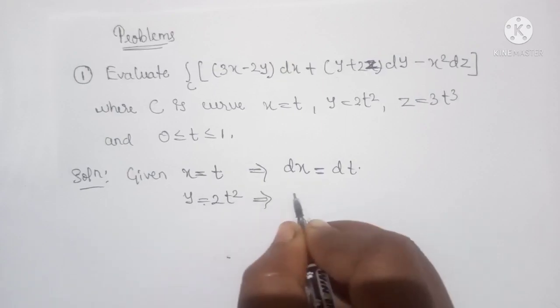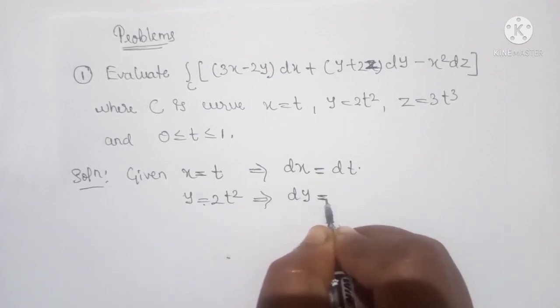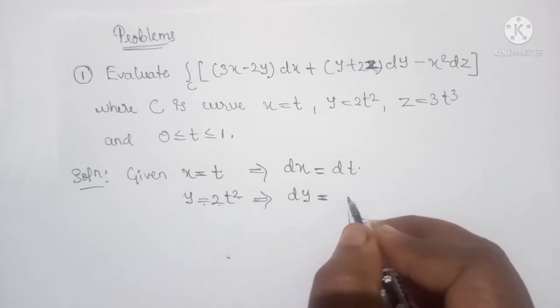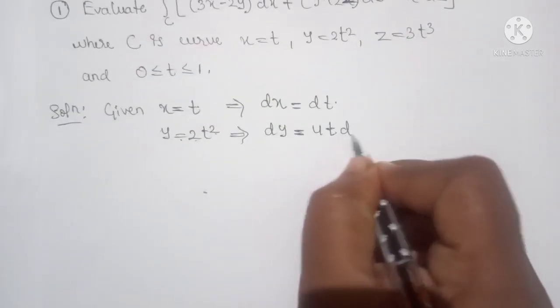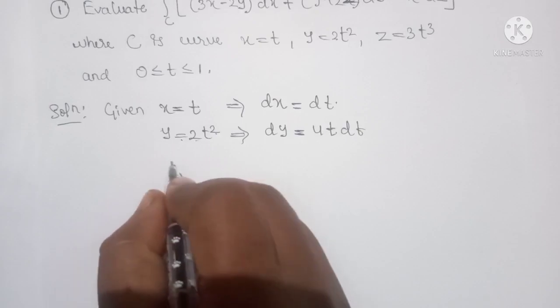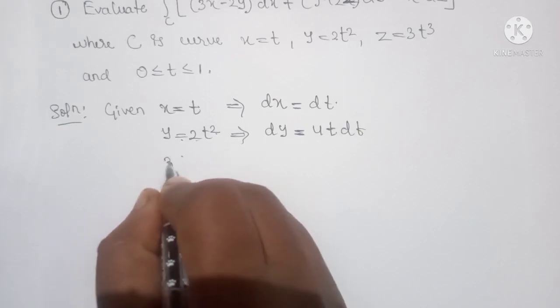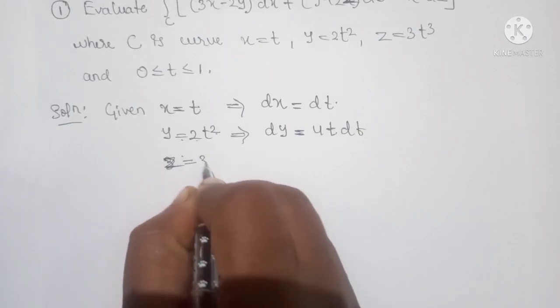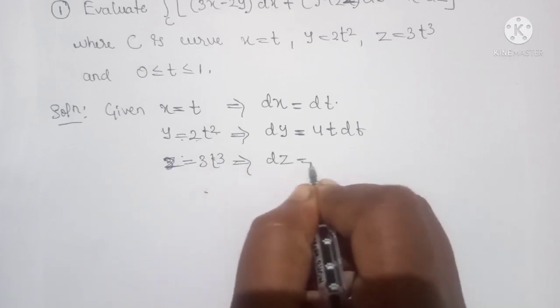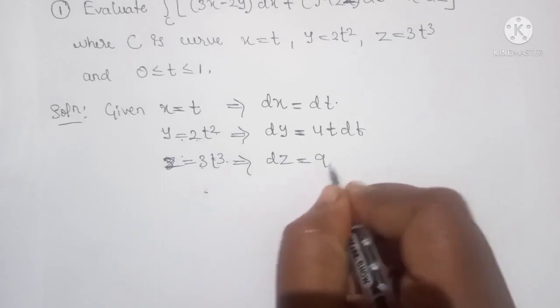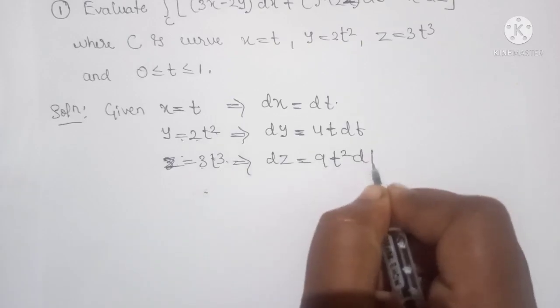Differentiating this one we get dy equals 4t dt. And z equals 3t cube. Differentiating this one we get dz equals 9t square dt.